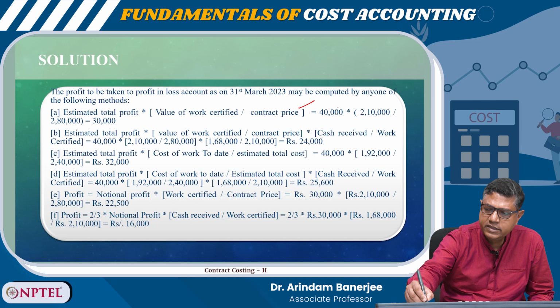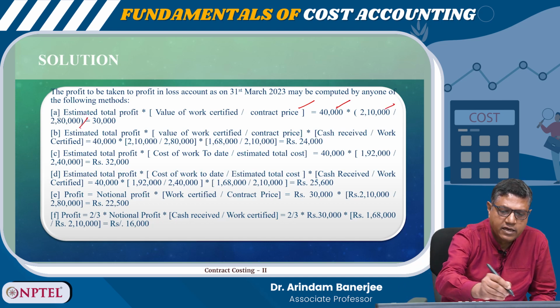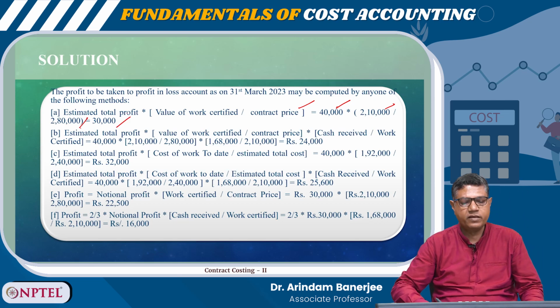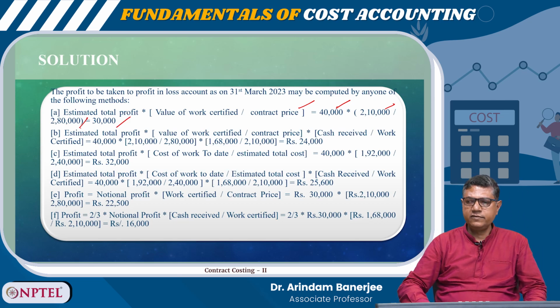So, 40,000 into 2,10,000 divided by 2,80,000 is equal to 30,000. So, this is one way of calculating the profit to be taken to the profit and loss account.